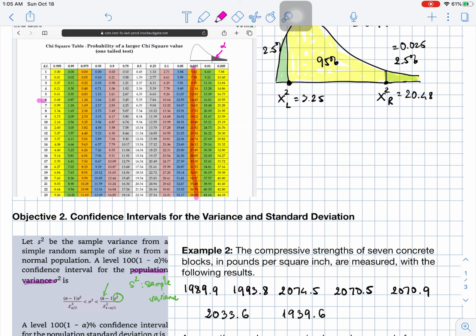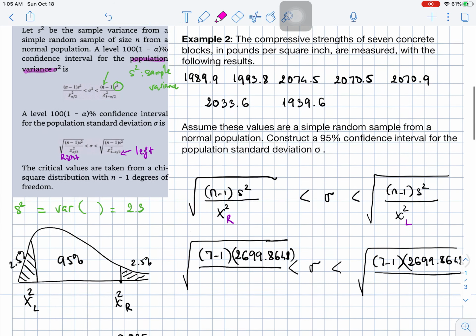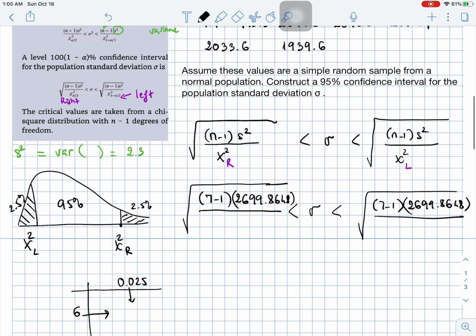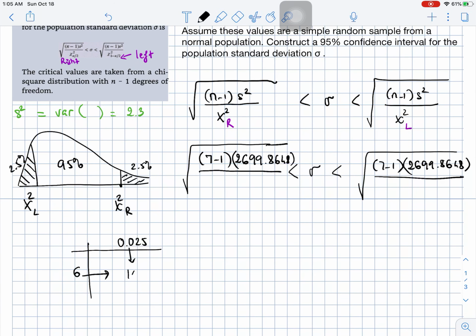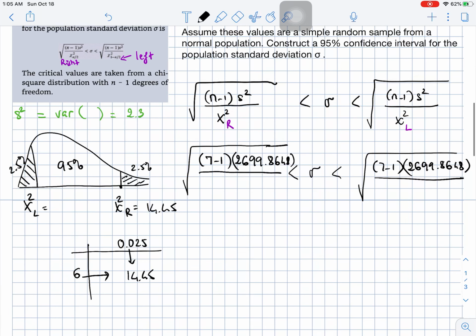We have 7 concrete blocks, so we will look at 6 degrees of freedom because degrees of freedom is n minus 1. So we go to the table at the top, and we will color it orange also, because 0.025 and the degrees of freedom is 6.